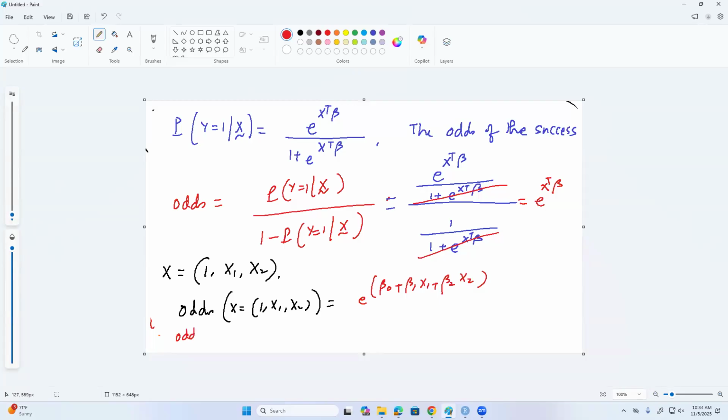Now let's calculate odds when x equal to 1, x1 and x2 plus 1. So what I did, I'm going to calculate odds of the success at x equal to 1, x1 and x2 plus 1. So I'm just changing the x2 variable, keeping x1 unchanged. Just 1 unit change in the second predictor variable.